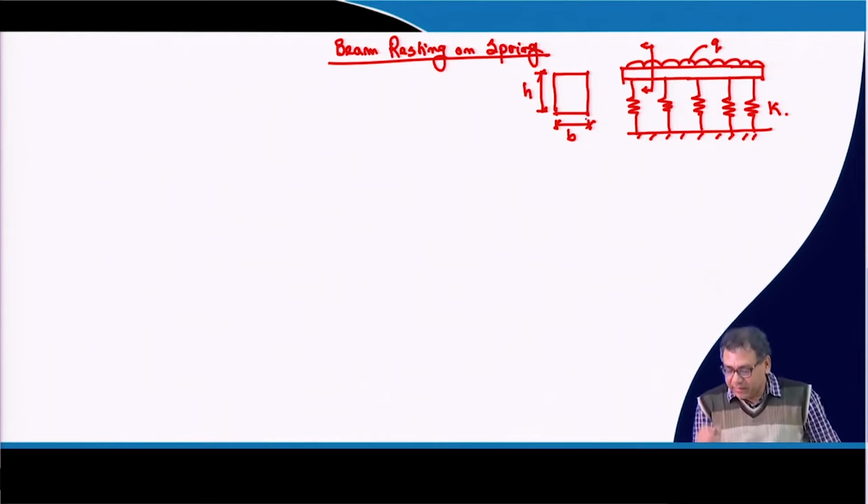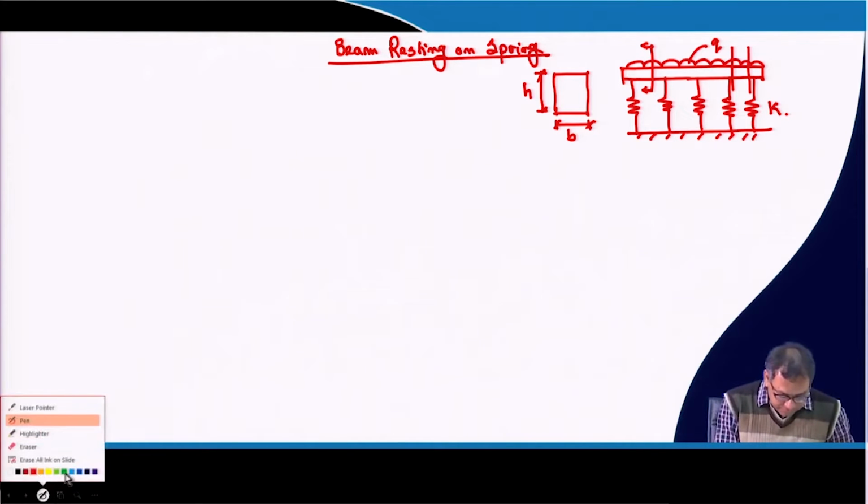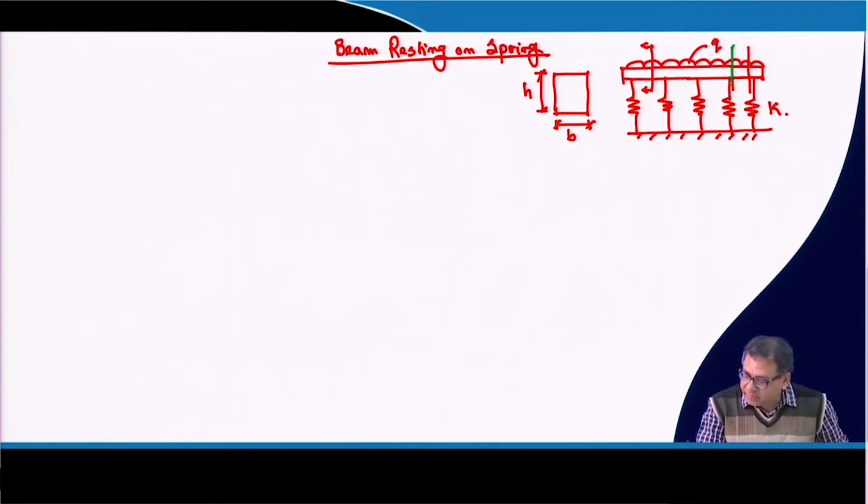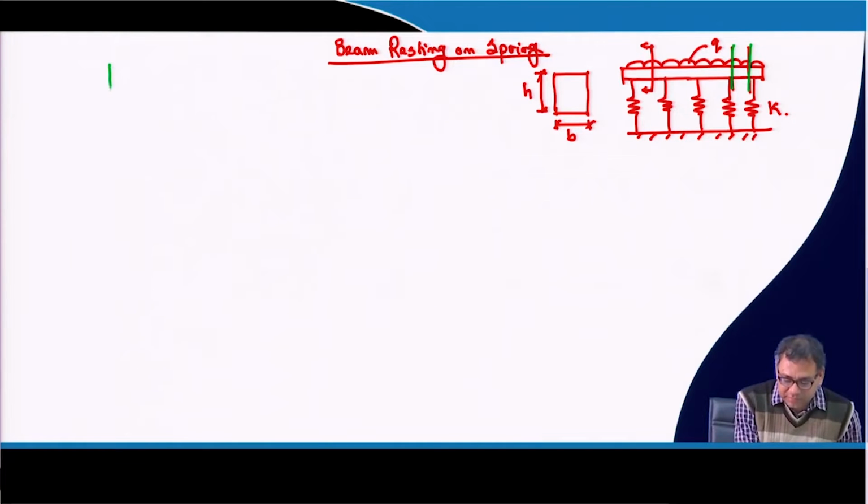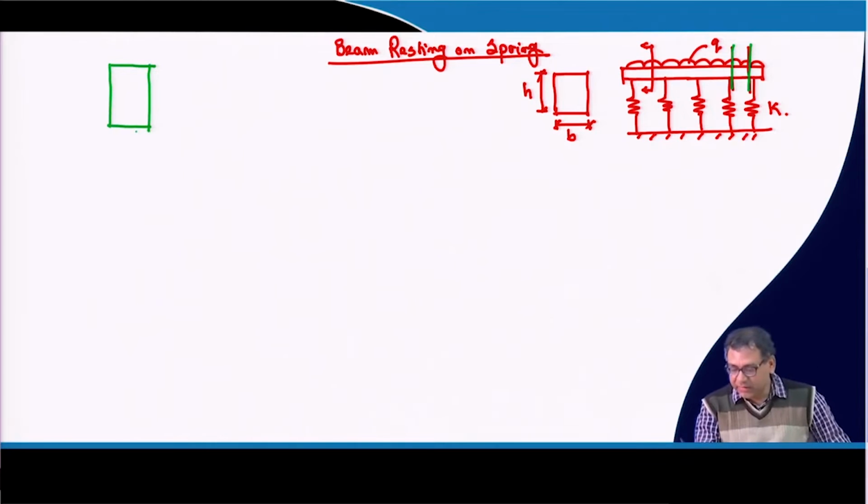And then we have to go for some sign convention also. Now, if I take one small element, one small segment over the beam, and the segment thickness is dx, because this is in the x direction.